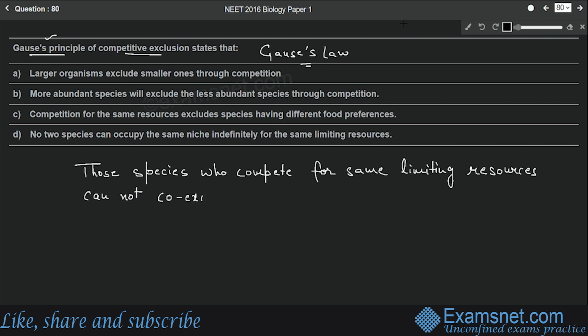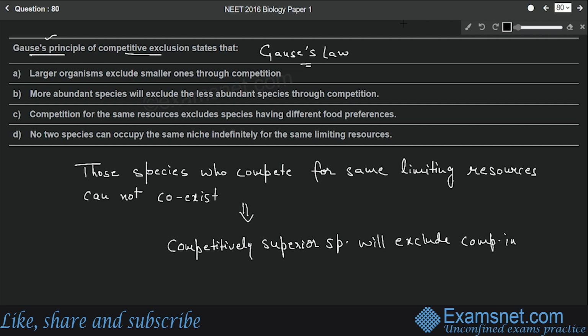That means they cannot exist together, because eventually the competitively superior species will eliminate or exclude the competitively inferior one.